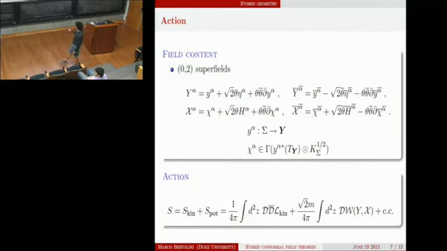So the action is written simply as a sum of two terms: a kinetic term and a superpotential term. And if we set W to 0, we just have a nonlinear sigma model on Y.